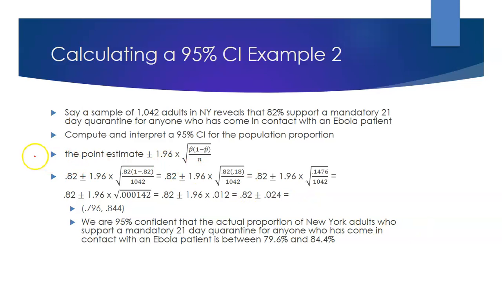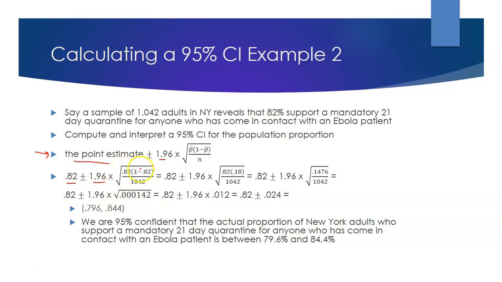So we have, again, our equation: the point estimate, plus or minus 1.96 times the standard error. Our point estimate is 0.82 plus or minus 1.96. It's always 1.96 because that's a 95% confidence interval that we're using.